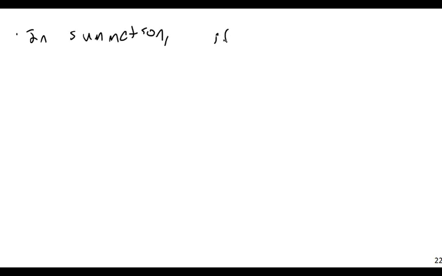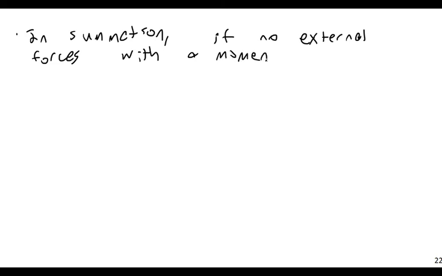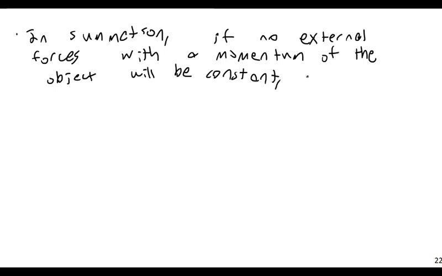In summation, if no external forces with a moment arm are applied to an object, then the angular momentum of the object will be constant, even if the moment of inertia changes.